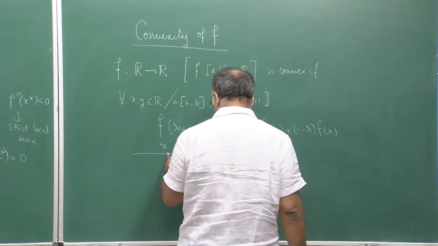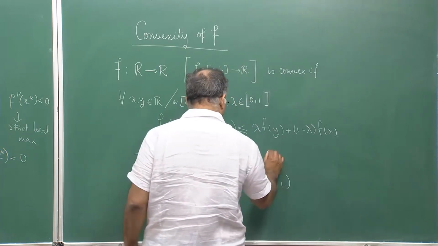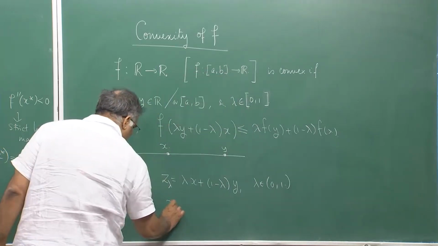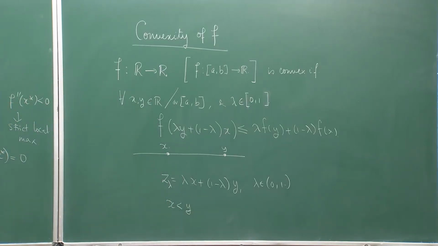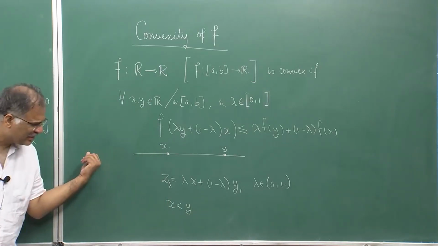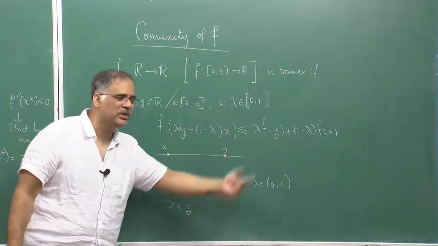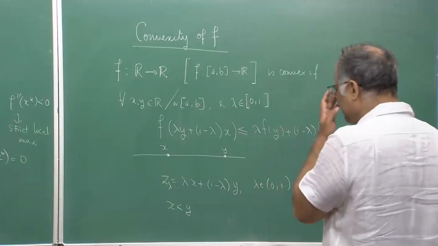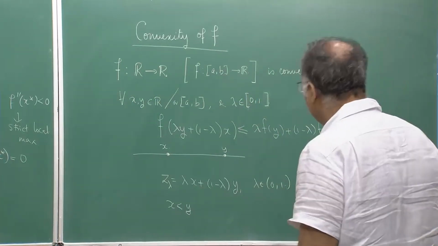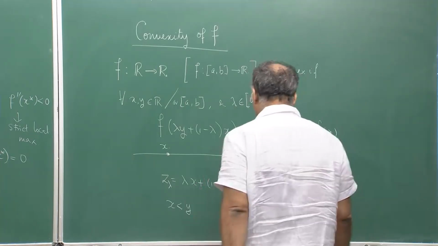Suppose I know that x is lesser than y. Then is z lambda less than x, or in between these two, or outside? Let us figure this out. So, what happens?